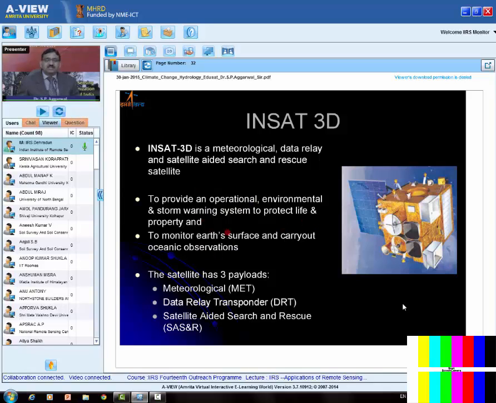INSAT-3D is dedicated to weather. It is a meteorological, data relay and satellite aided search and rescue satellite. It provides an operational environment and storm warning system to protect life and property, to monitor the surface and carry out oceanic observation. The most important thing is that it has a sounder payload, which gives you the temperature.